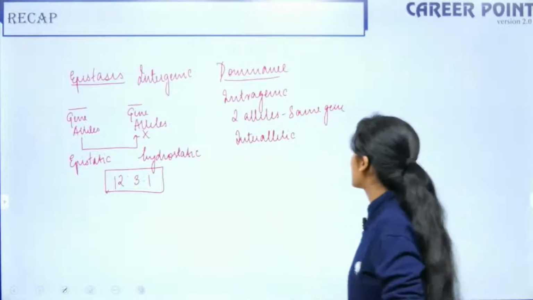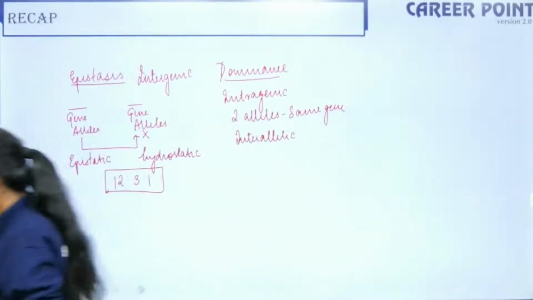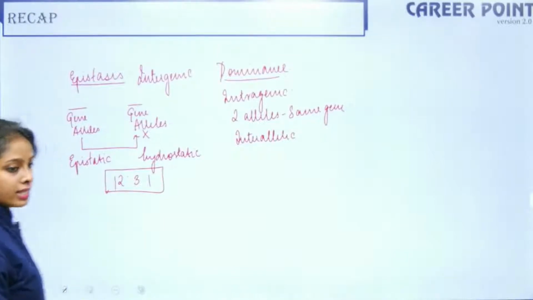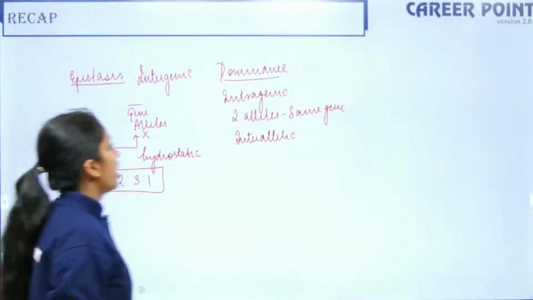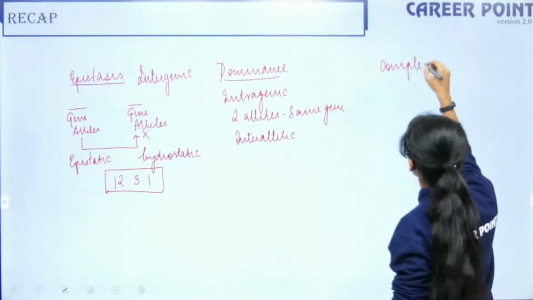This is the epistatic ratio. The next one is complementary genes. I hope you're making a note of it. This is not there in your textbook. So the next one is complementary genes.